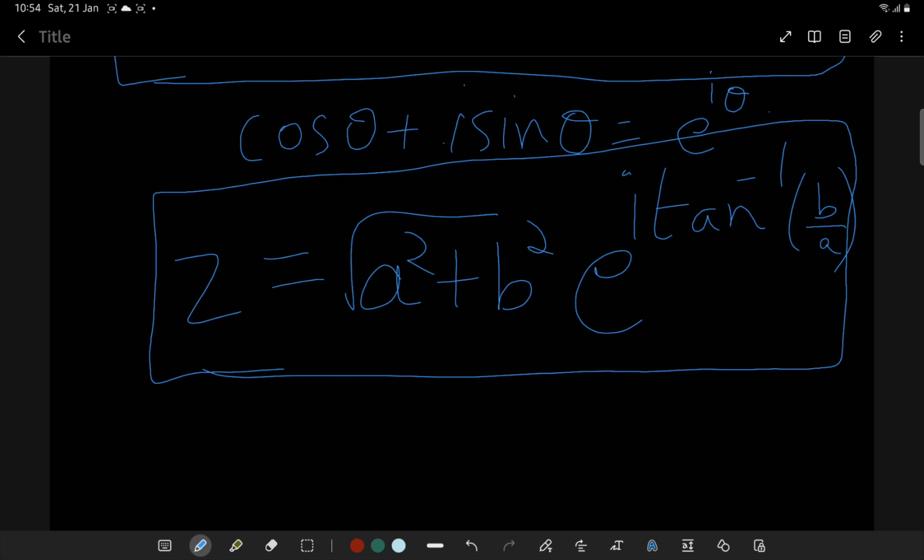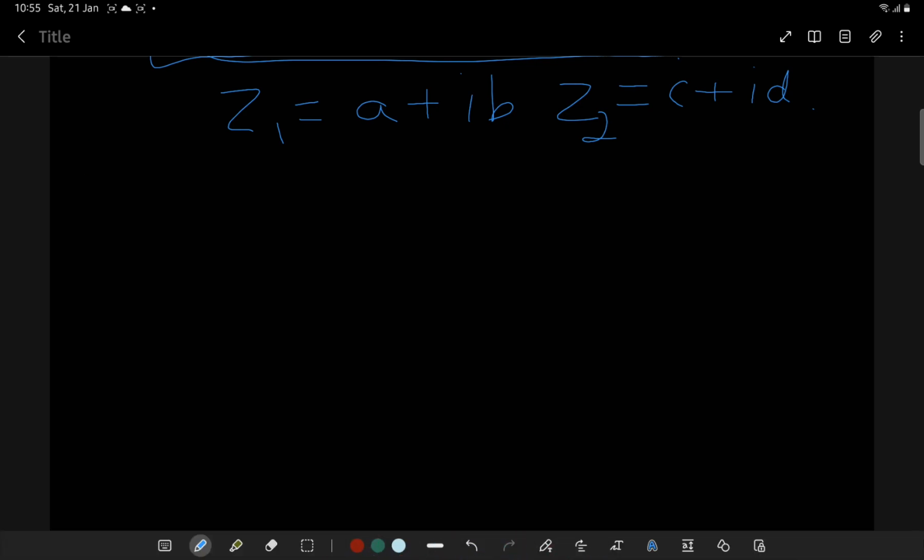Now for division of complex numbers, first z1 is equal to a plus ib and z2 is equal to c plus id. Let theta 1 and theta 2 be the arguments of z1 and z2 respectively.